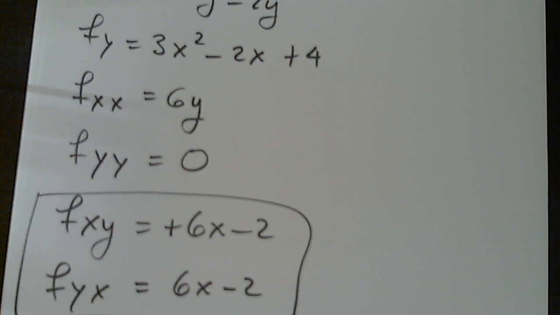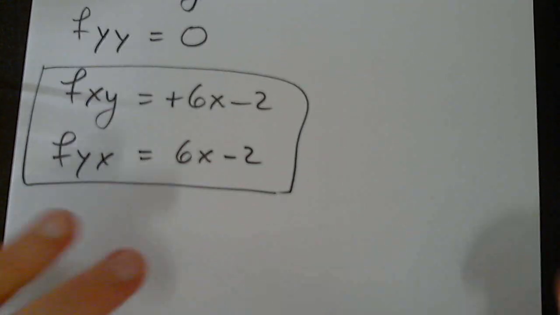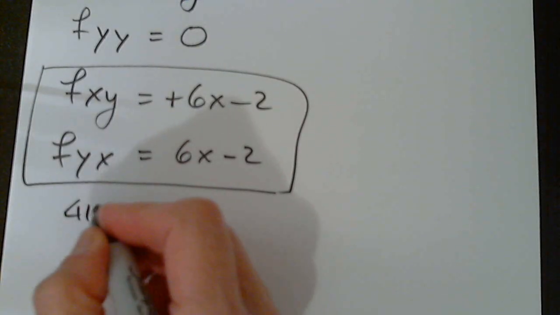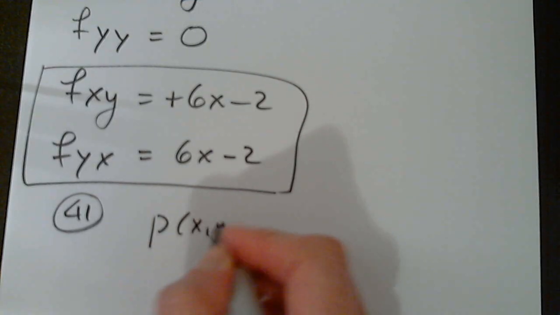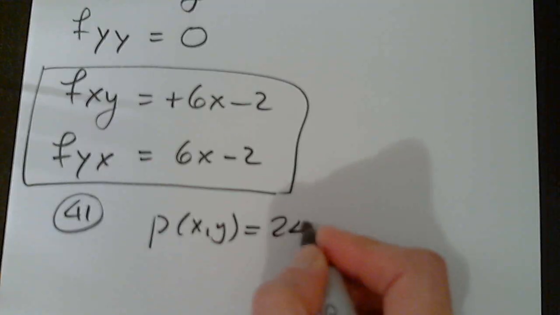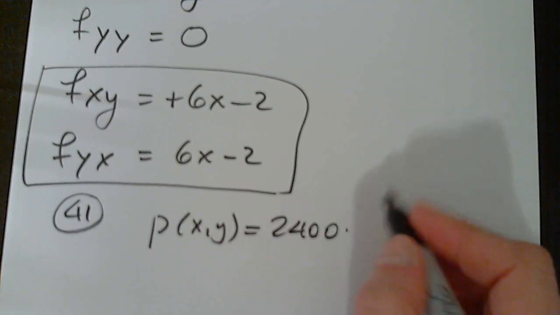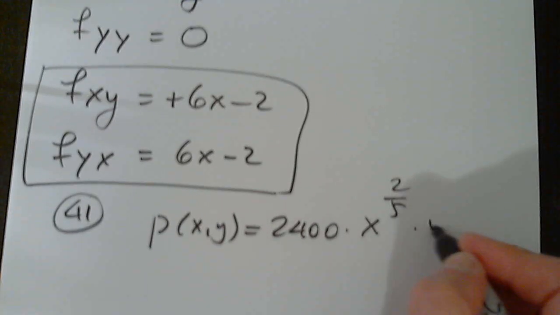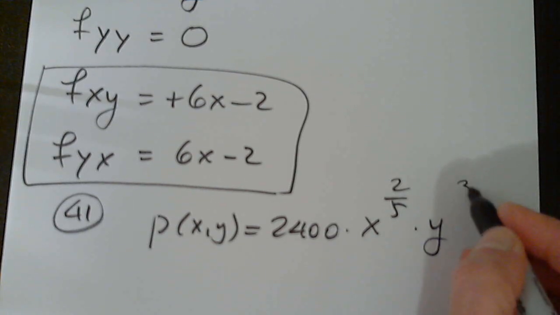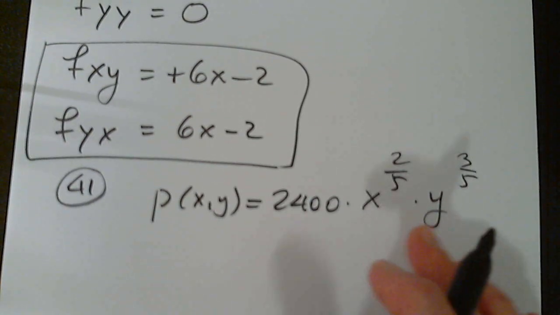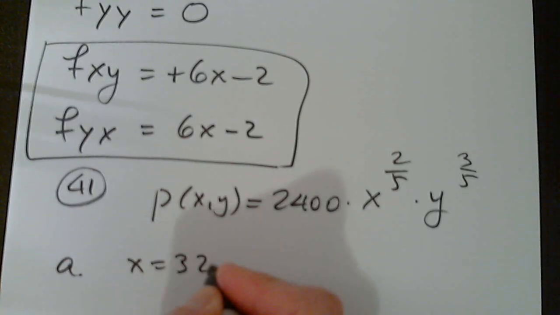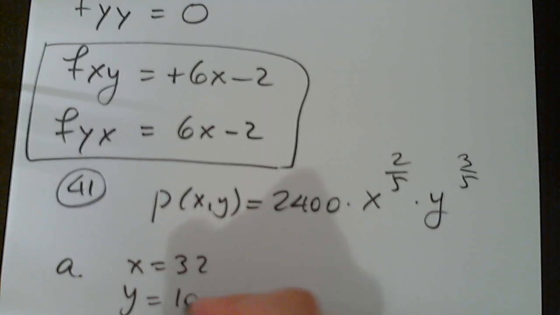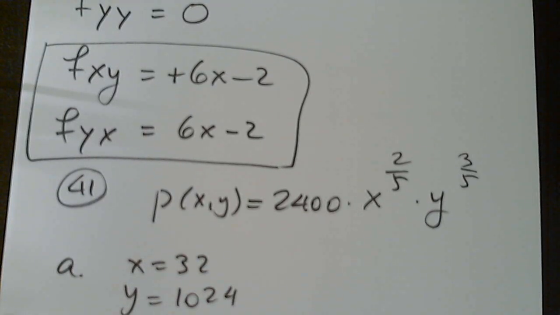Okay, so let's take a look. It's 41, and we have P of xy equals 2400 times x to 2/5 times y to 3/5. And in part A, they're telling us x equals 32 and y equals 1024.